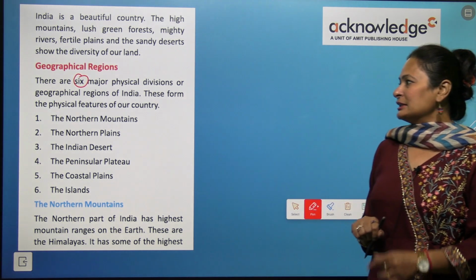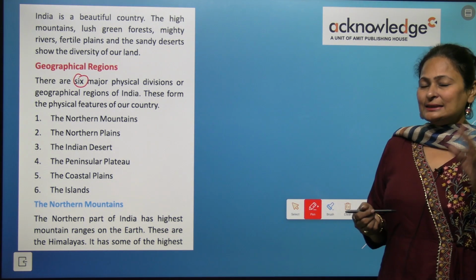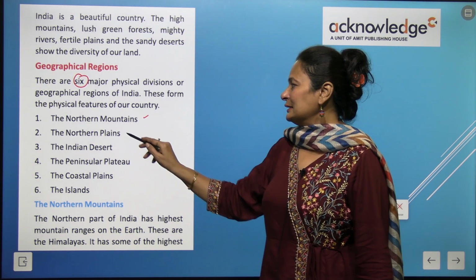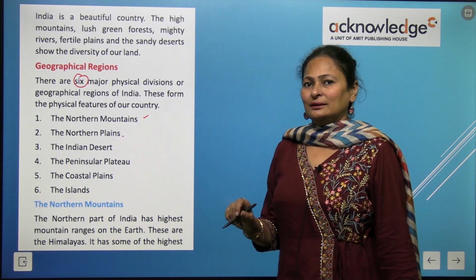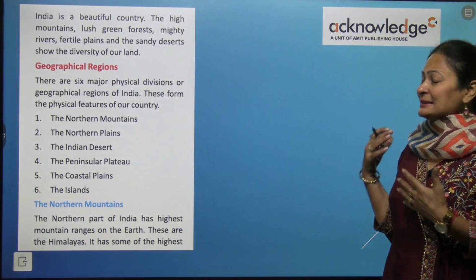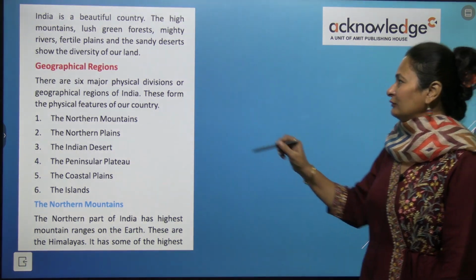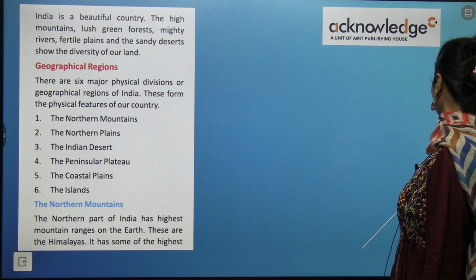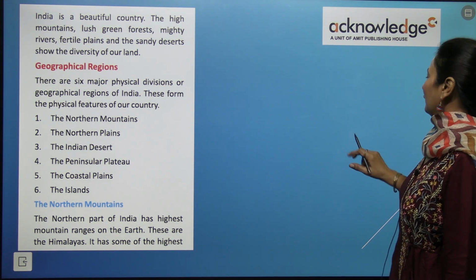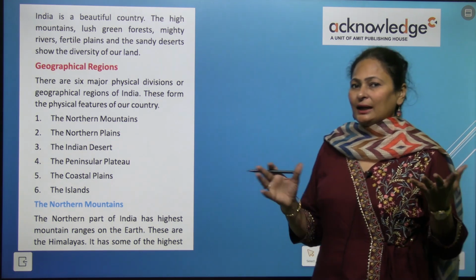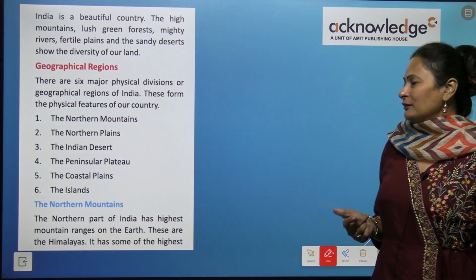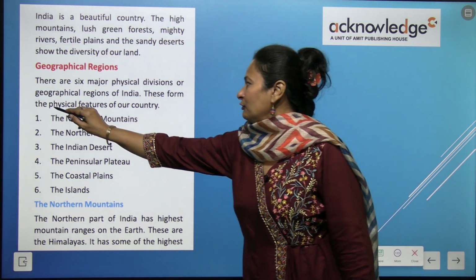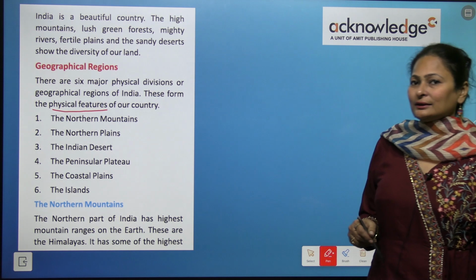These form the physical features of our country. 6 types of landforms are found in our country. These are called physical features of our country.